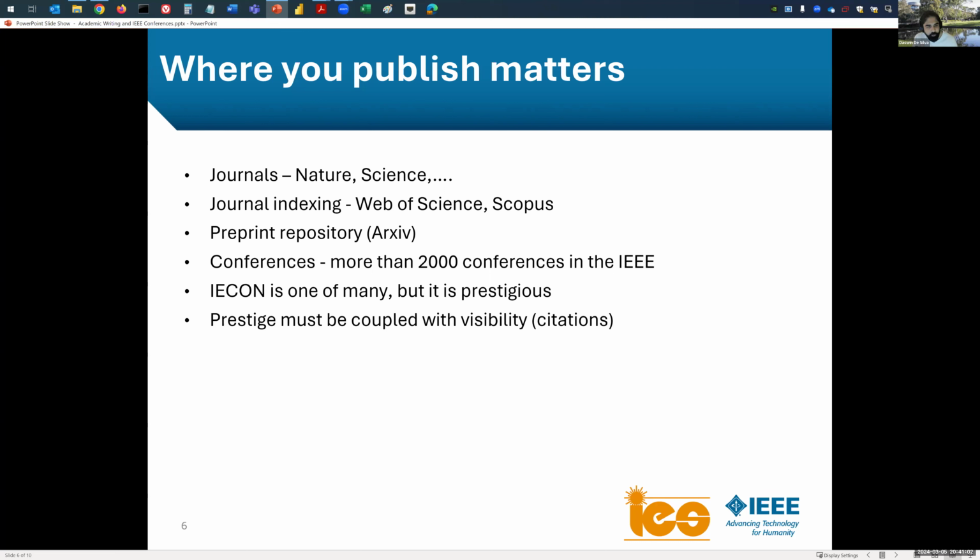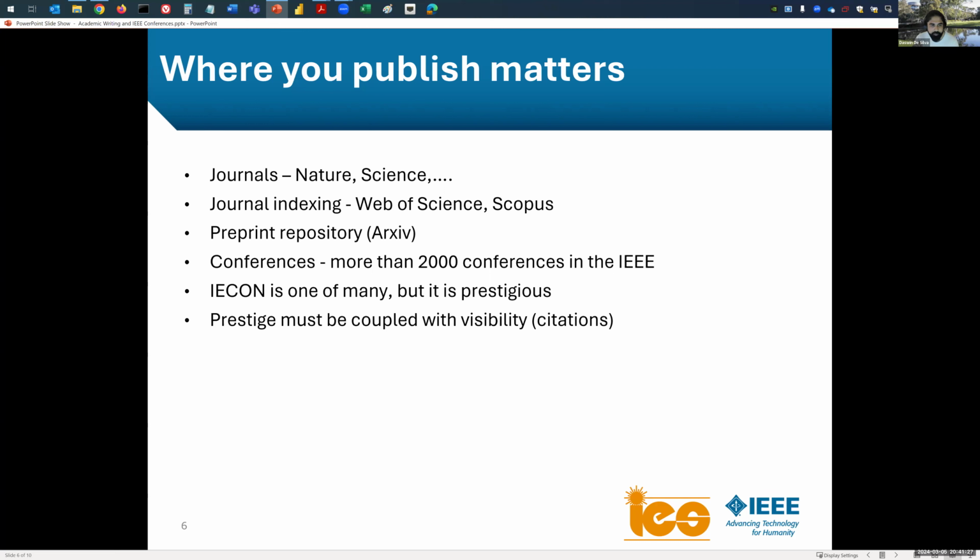So what happens to your paper after you publish? And ICON is known for being a conference where the papers actually get cited. That means people actually read these papers after they are published. There are many conferences across the world where the paper is not read, it's just published, and no one really reads it until 3-4 years later. You might get one citation.